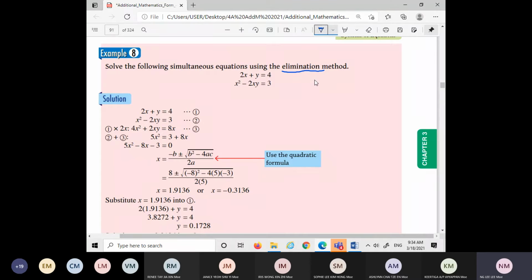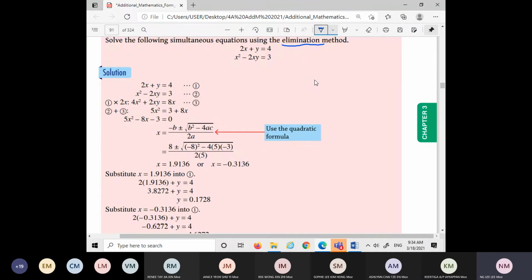Let us see how to use the elimination method. Elimination method means you want to try to eliminate one of the variables. Here, they are going to multiply the first equation by 2x.